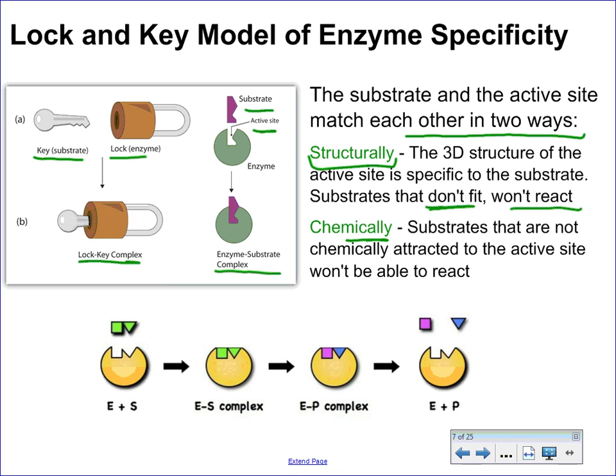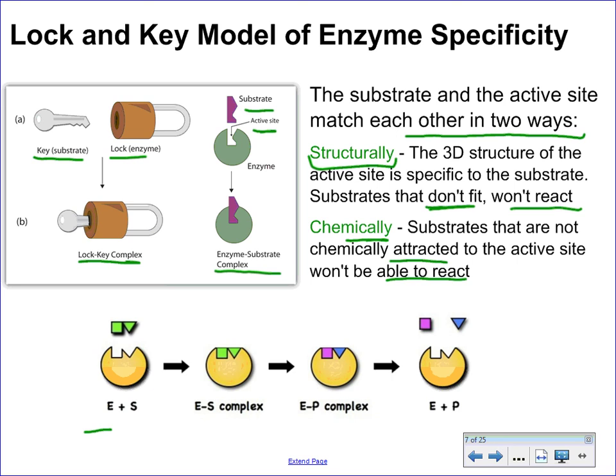So substrates that are not chemically attracted to the active site won't be able to react. If there are similar charges between the substrate and the active site that would cause repulsion, you won't get a reaction. And the diagram at the bottom just shows this lock and key model in action.